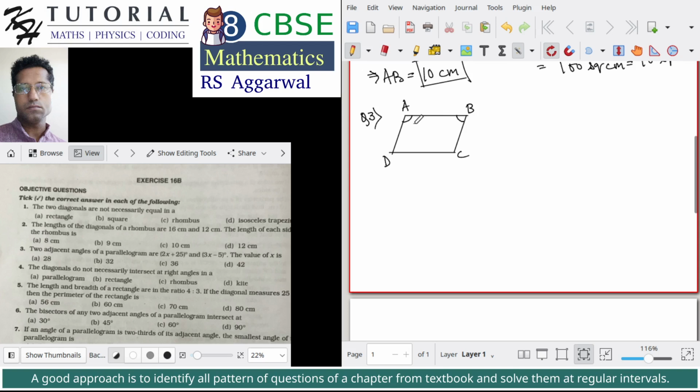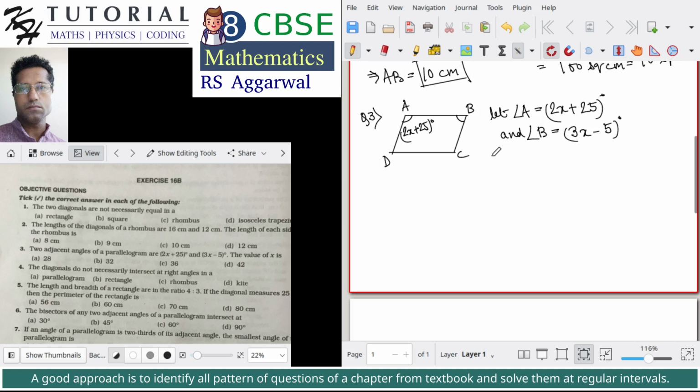So let angle A be equal to 2x plus 25 degrees, and angle B be equal to 3x minus 5 degrees.